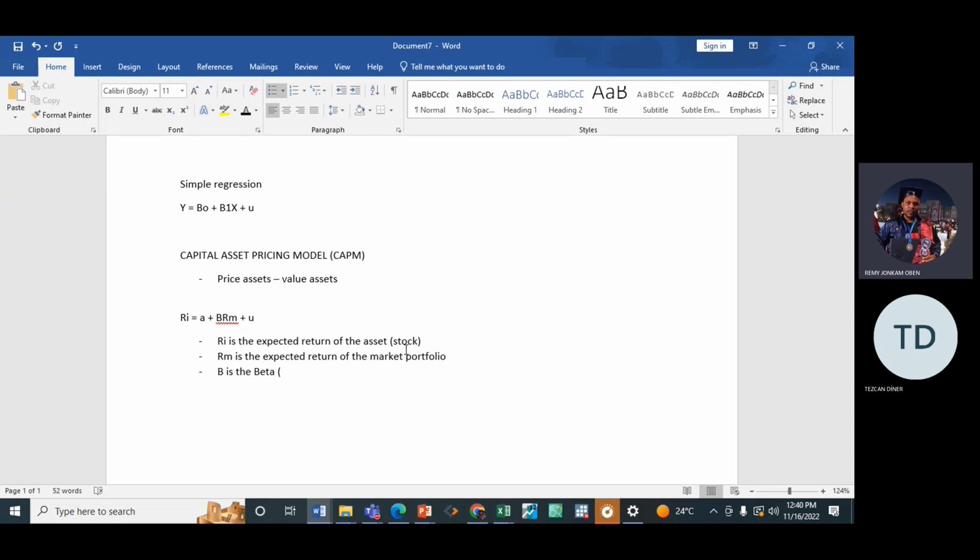It is a measure of risk. It measures the systematic risk, right? So beta shows the systematic risk of the asset, of the stock, whatever.